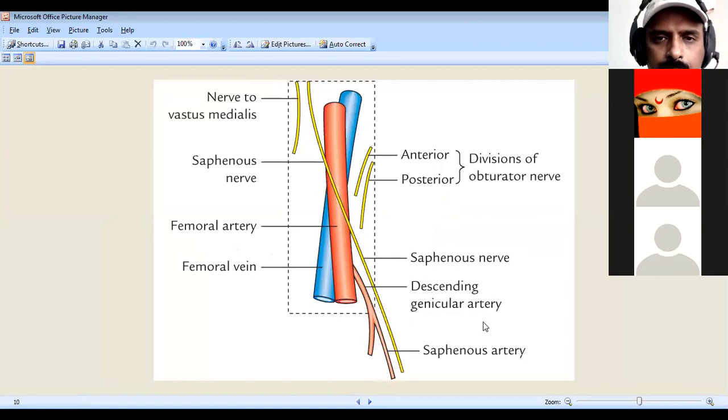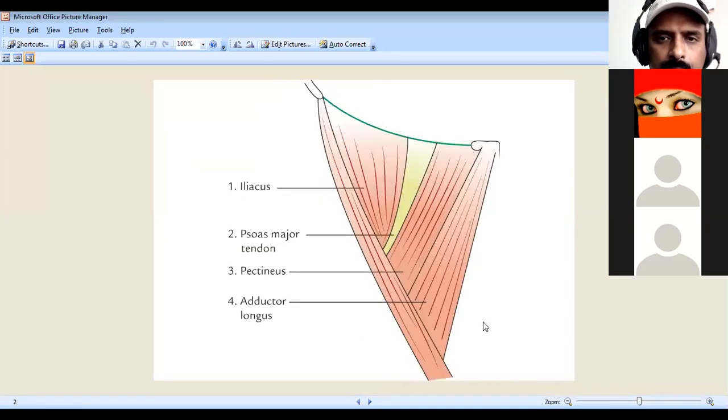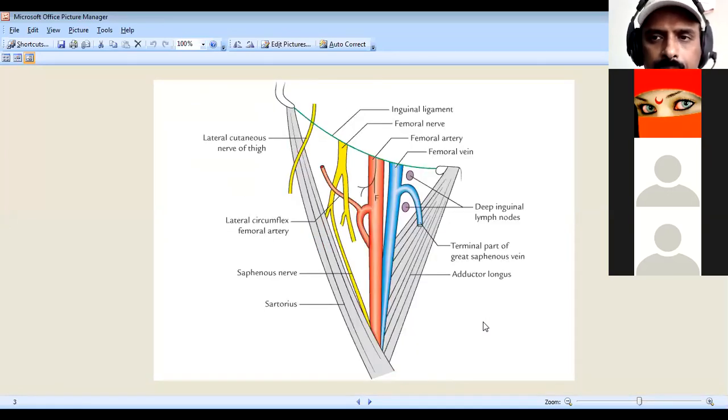Then the question comes about the contents of the femoral triangle. You have to know the femoral artery and its branches, femoral vein and its tributaries, and femoral nerve and its branches. Superiorly we have the great saphenous vein and the deep group of inguinal lymph nodes.